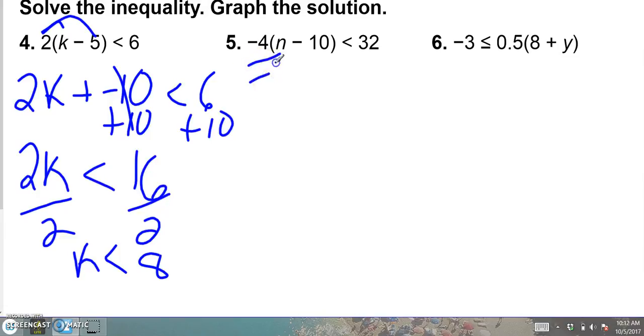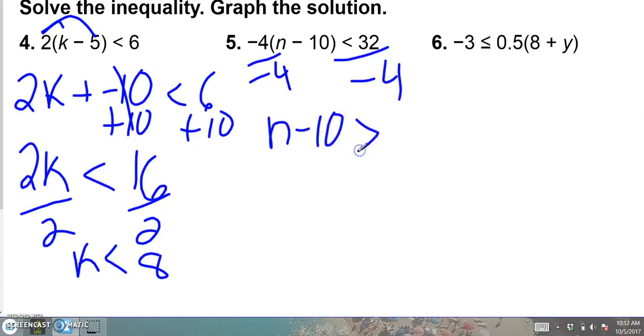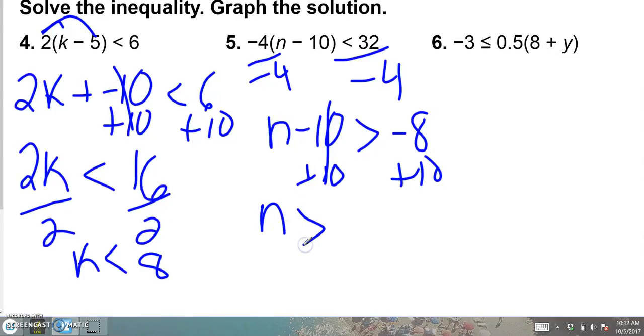So I'm going to divide by -4 just to get rid of it right away so I don't have to distribute it through. So I have n minus 10, and then switch the signs because I'm dividing by a negative 4, and then so that's going to be a negative 8 plus 10 plus 10. Our n is greater than 2.